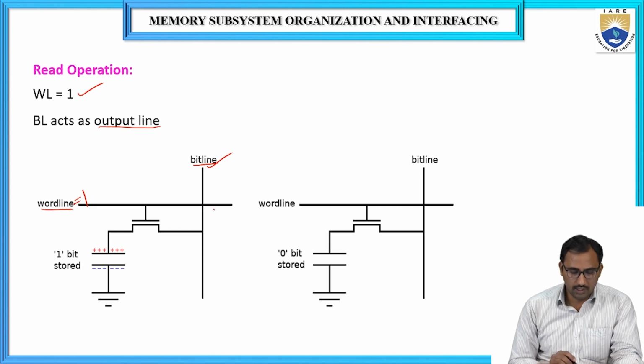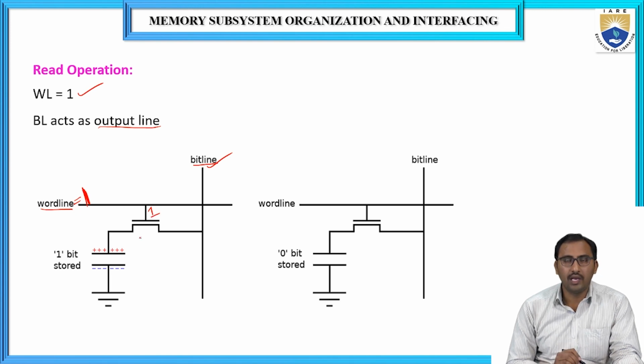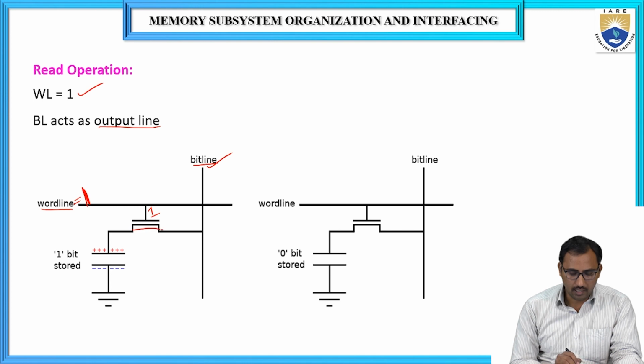So here the word line is equal to logic 1. Logic 1 means the 1 will be applied to the input of the pass transistor. So the transistor will be turned on, it will act as an on switch. Then this capacitor will be connected to this bit line.